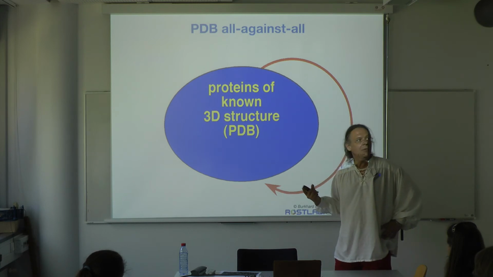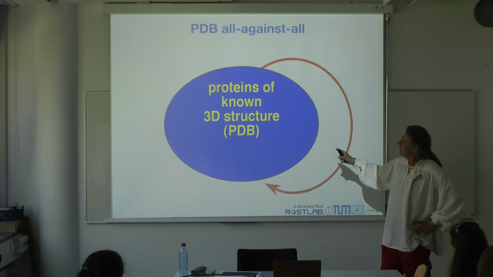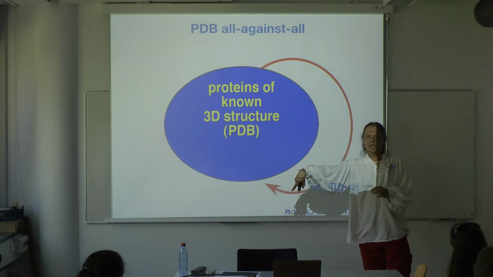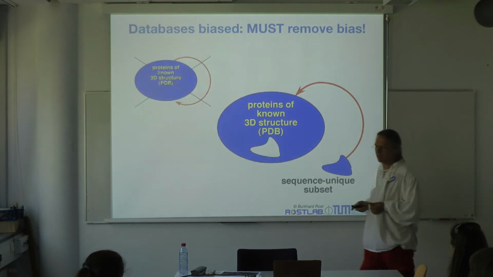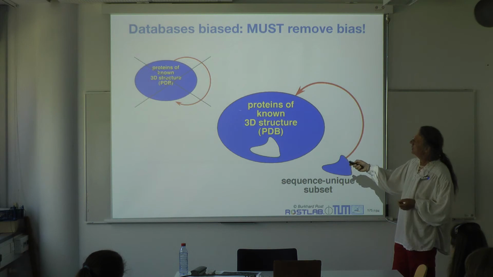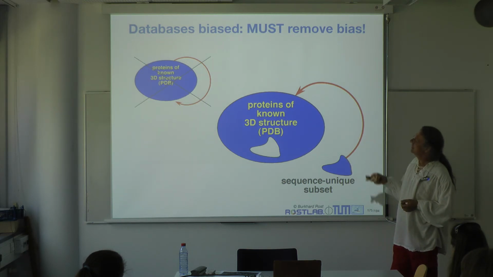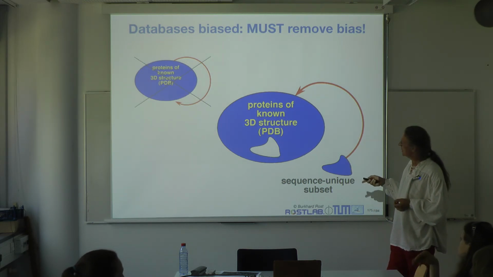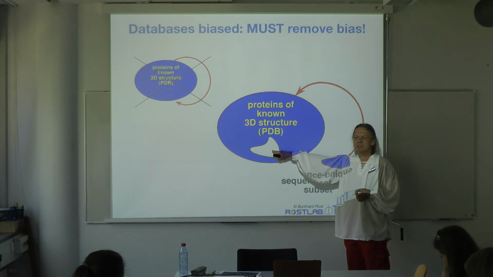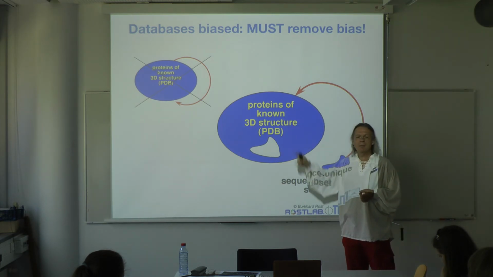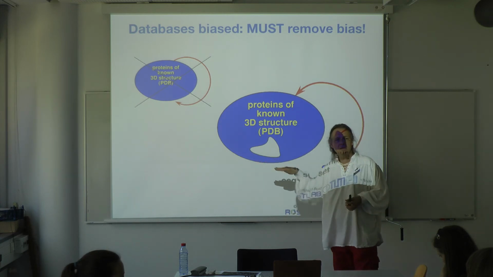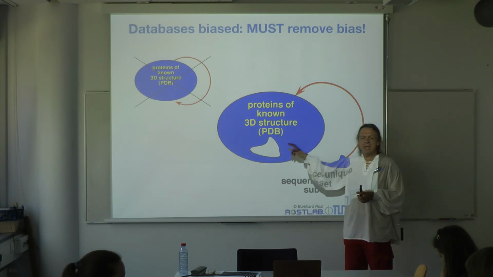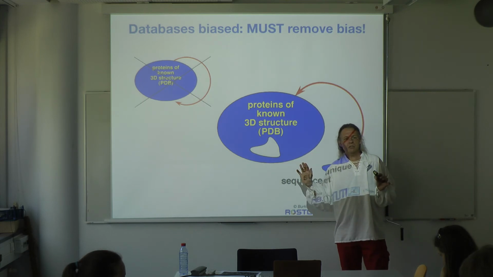So my question that I'm now going to ask is, when we look beyond the twilight zone, how much is actually there? What I'm going to do is compare all protein structures. I'm actually not going to do all against all, because a redundancy reduction is necessary. So I take a redundancy-reduced subset and compare that against all. And now my question to you: what I'm going to plot is a distribution of pairs of proteins that are similar in 3D structure.